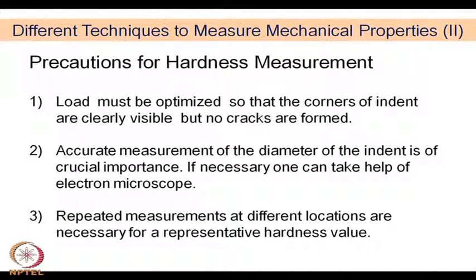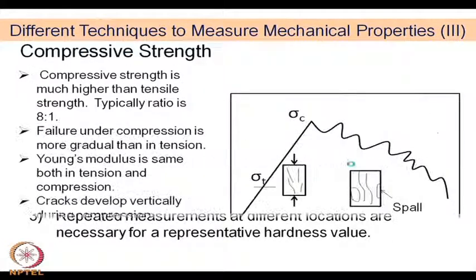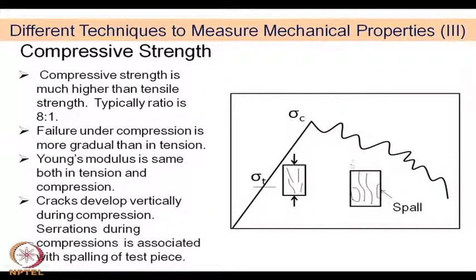So, it is necessary that one carries out a fairly representative number of hardness tests, so that an average can be taken and a representative value can be reported. So, these are a few precautions one has to always take while taking the measurement.